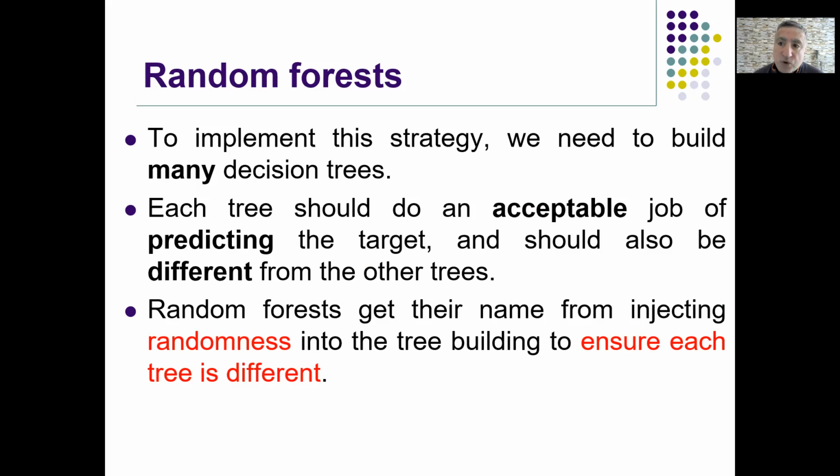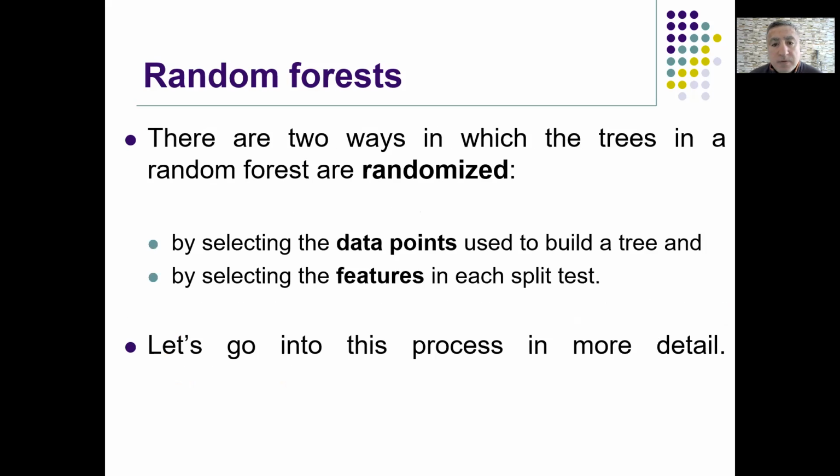Therefore, we are going to use two methods to differentiate these trees in the training process. These two ways are either selecting the data points used to build the tree. When we say build the tree, we mean train the tree. Or selecting the features in each split test.